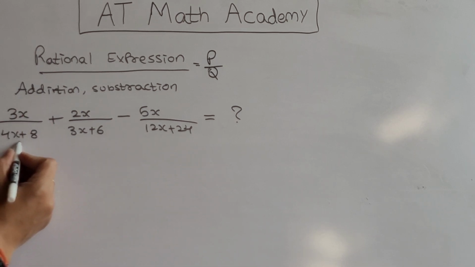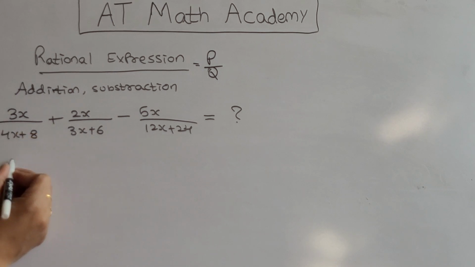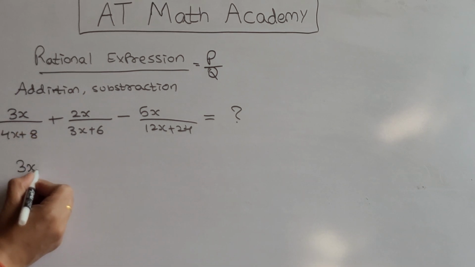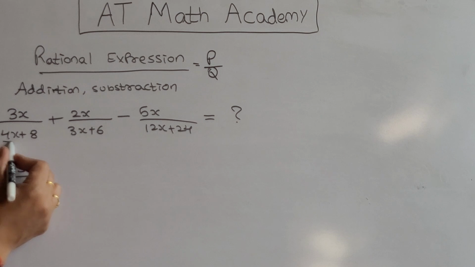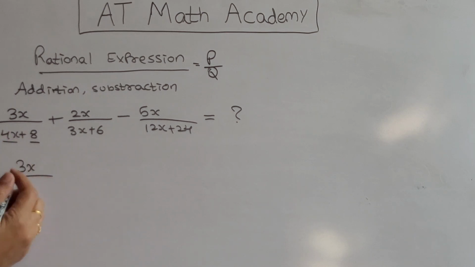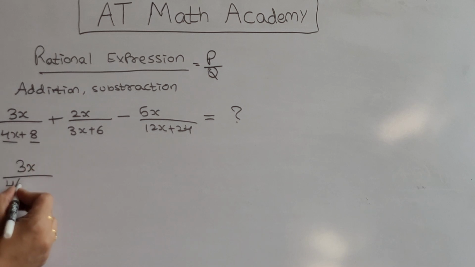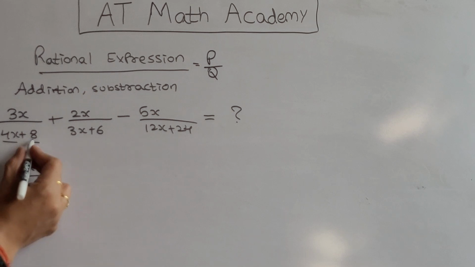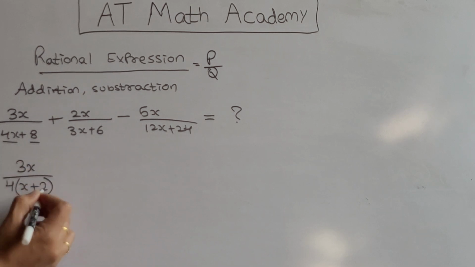When you observe the denominators, I'm going to write the numerator as it is, 3x, and for the denominator 4x plus 8, I'm going to take the 4 as common, and I will be left with x, and 4 times 2 is 8. Since I need only 8 here, I'll be taking 2.